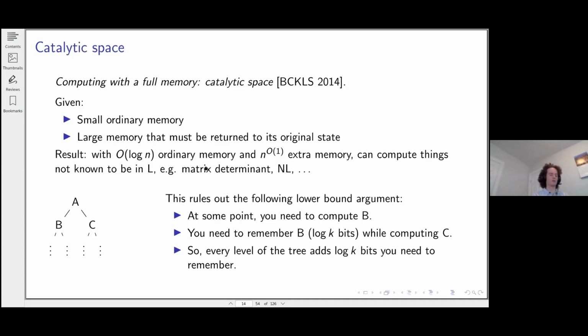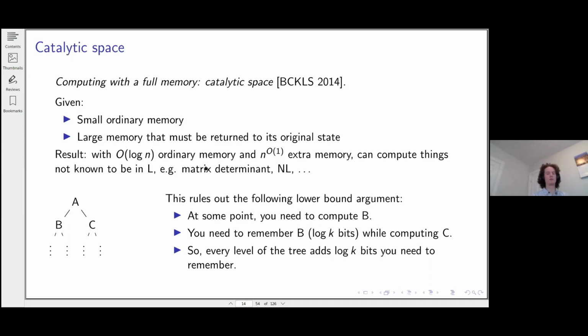So that means you need to use log k bits of memory to remember B while you're recursively continuing your computation. So the argument goes, since you have h levels in the tree, you need to store at least h log k bits of memory overall.